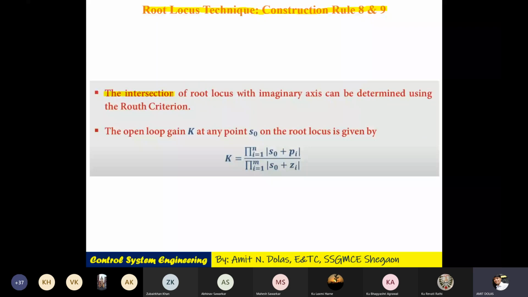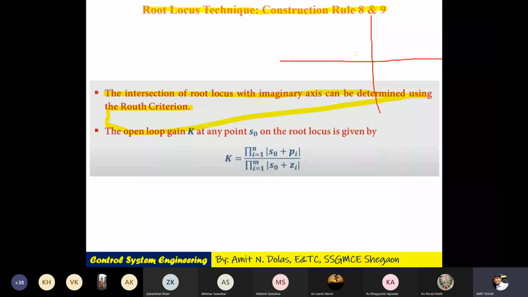Suppose there is a case like this, where I have complex conjugate poles here and here. I don't have a zero. So let's check the root condition. If you take a test point at -2, I suppose here, from -2 to 0, and check on the right hand side of this, there are 0 poles and zeros, so it is an even number.